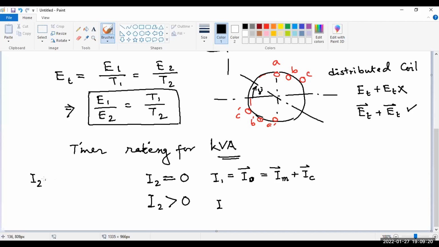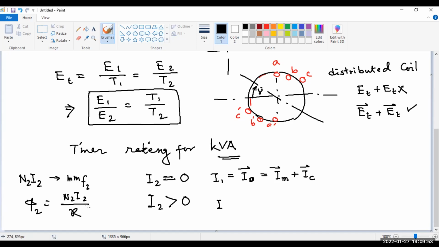It is the MMF that generates the flux. This is the secondary MMF, which is generated just after having a finite secondary current I2. And this generates the flux because the flux is MMF by reluctance.